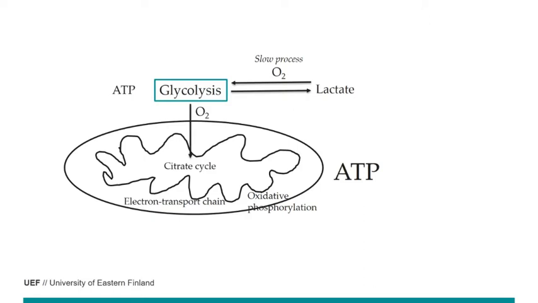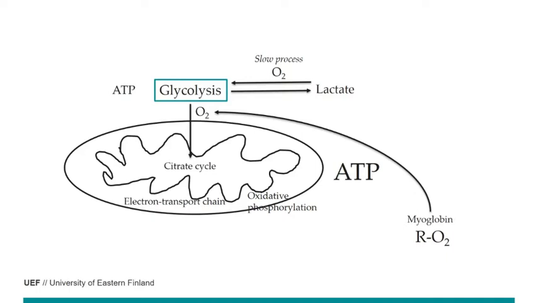And beside these two different ways to produce ATP, we have the myoglobin that is storing oxygen. And this oxygen can then be released to maintain the mitochondria's working, to produce as much ATP as possible.